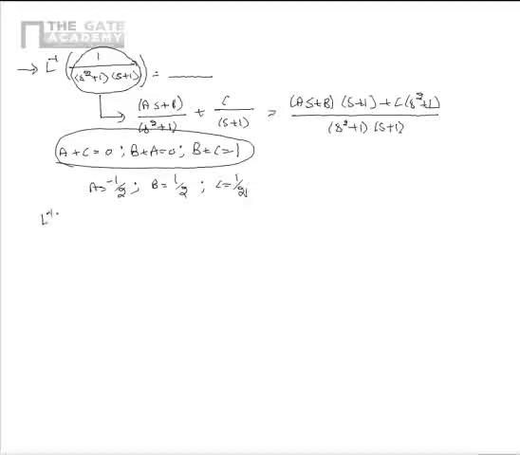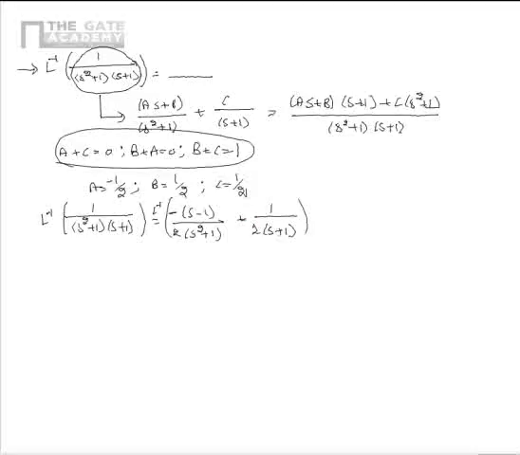Upon substitution, we get that L inverse of 1 by s square plus 1 multiplied by s plus 1 is equal to minus of s minus 1 divided by 2 into s square plus 1 plus 1 by 2 into s plus 1.